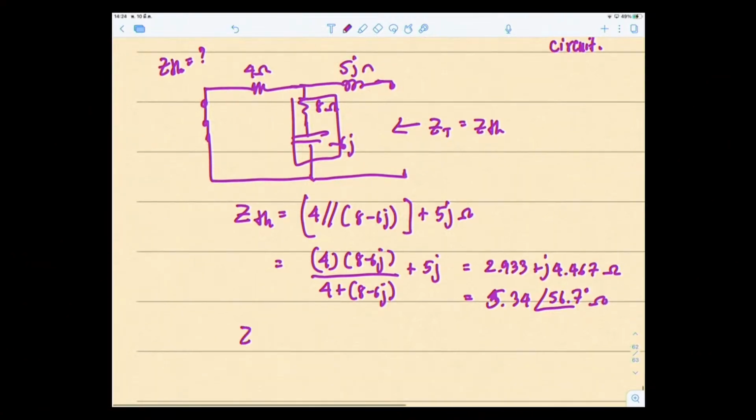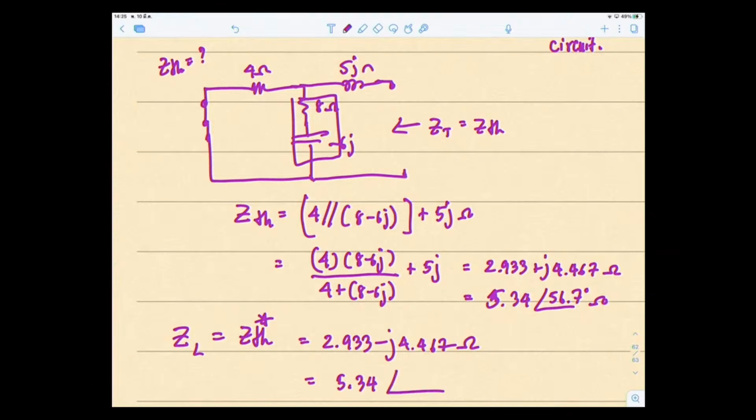So this is your ZTH. But you want ZTH conjugate, because ZL has to be equal to ZTH conjugate. So your conjugate would be equal to 2.933 minus J 4.467 ohms, or 5.34 angle minus 56.7 degrees ohms.